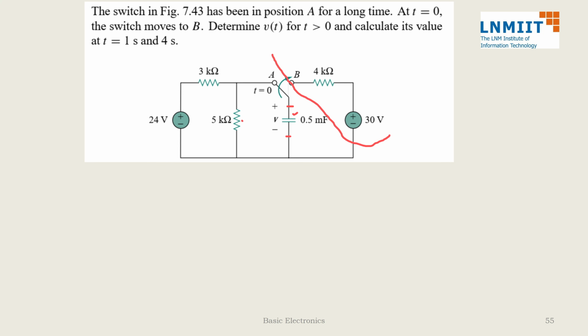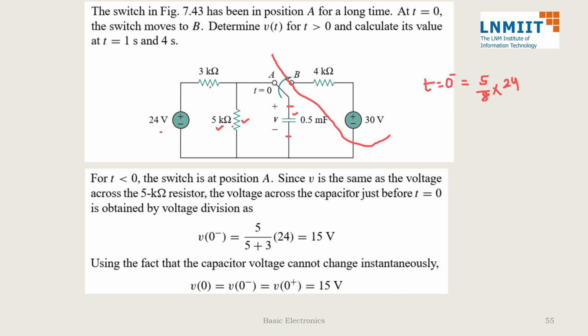And whatever is the voltage across 5 kilo ohm, the voltage across capacitor will be same. So at t equal to 0 minus, the voltage across capacitor will be 5 by 8 of 24. 5 kilo ohm divided by total resistance into total voltage. So I got my initial voltage 5 by 8 of 24, that is 15. So this is our V initial.